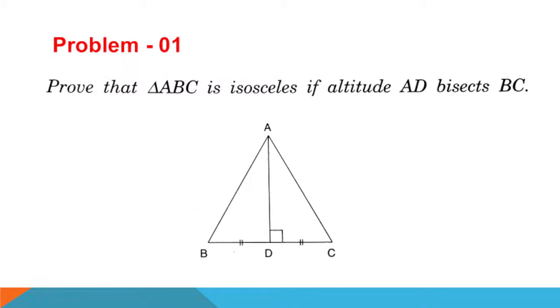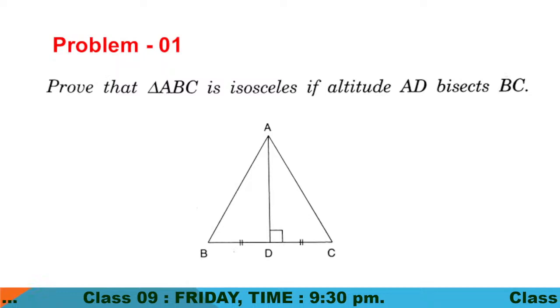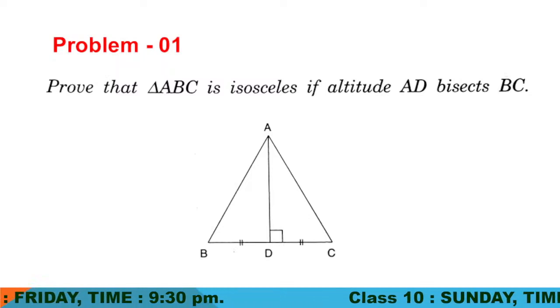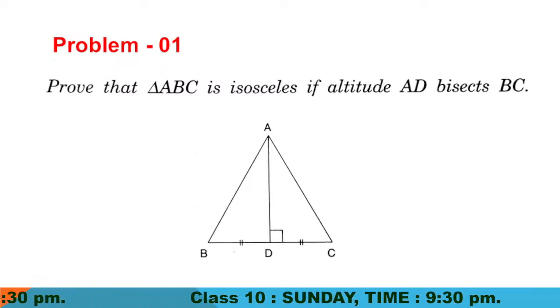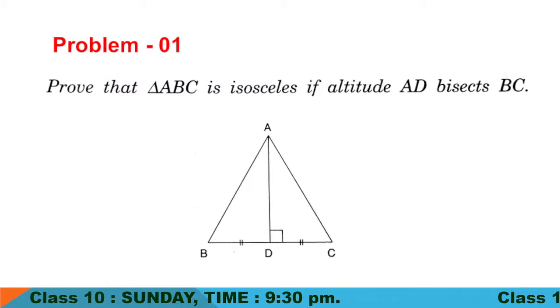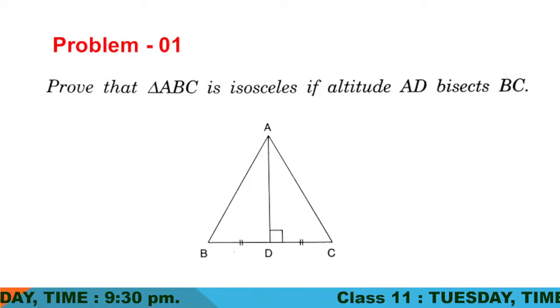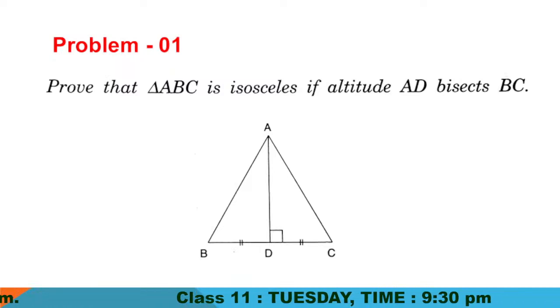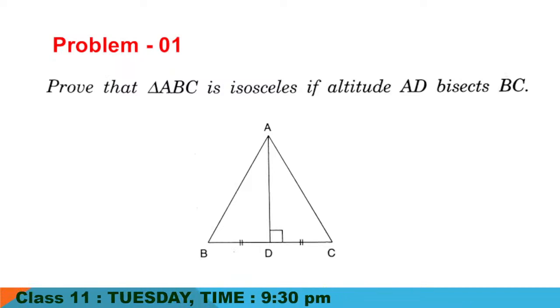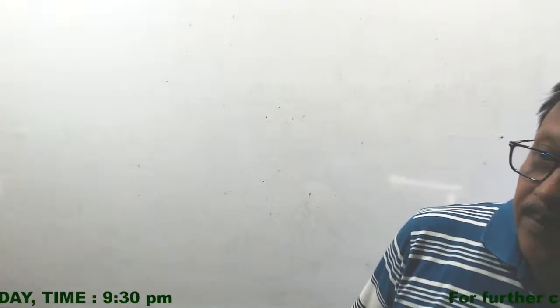Problem number 1. Yes, problem starts now. What's the problem? Prove that triangle ABC is isosceles if the altitude AD bisects BC.